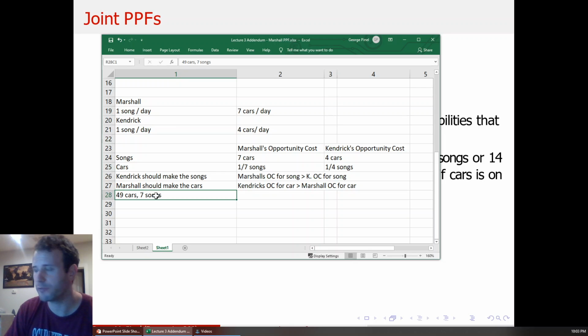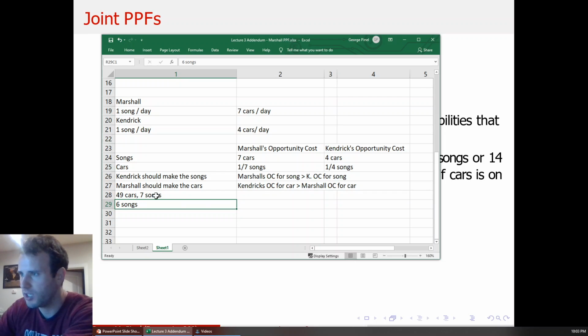And if they want to make additional cars above 49, we can take away some of the songs Kendrick makes. So let's say Kendrick makes 6 songs, and they want to make additional cars on top of that. They can make 53 cars, 6 songs, right?